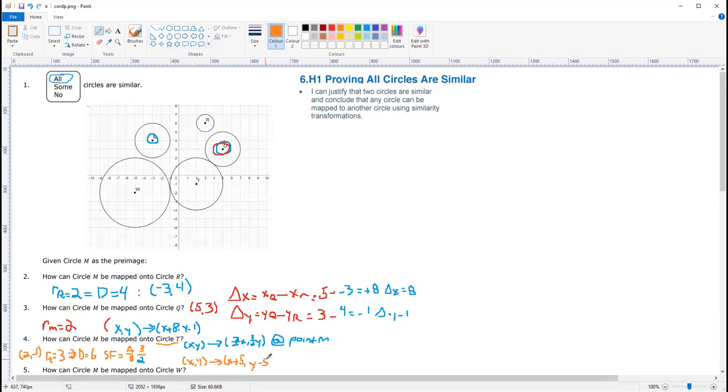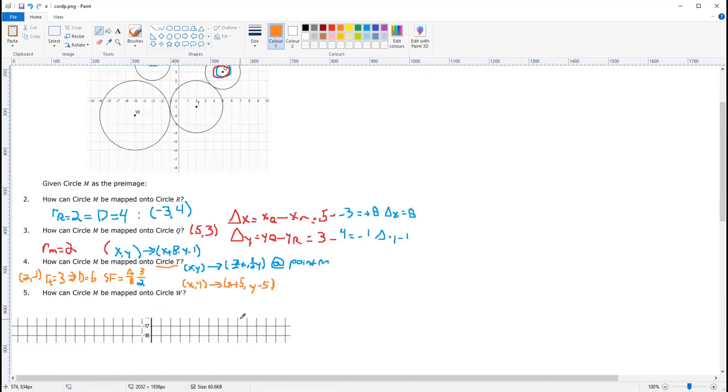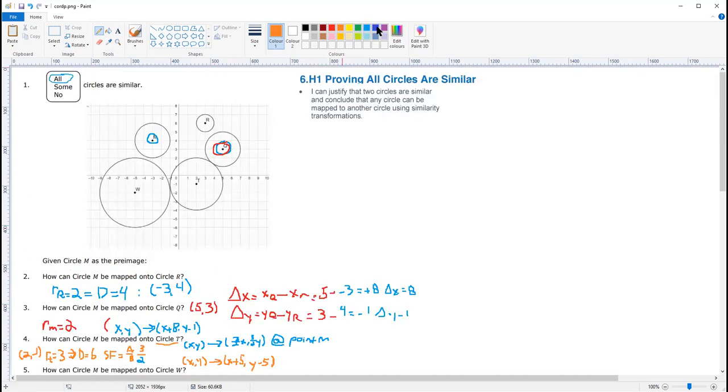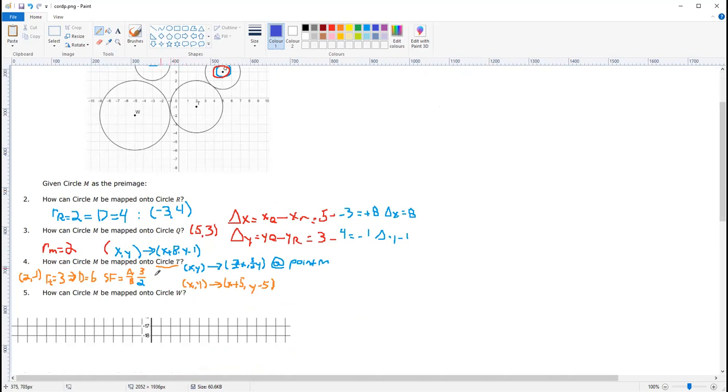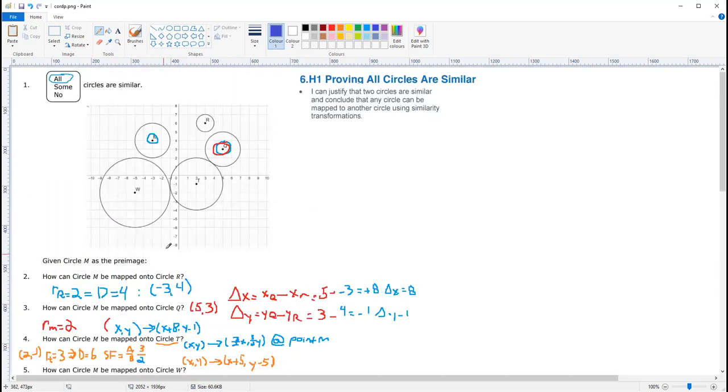You could also have done -1 minus 4. It's in the negative direction. Right, and that's a translation down 5. Okay, and let's change to purple. All right, so purple, mapping M onto W.